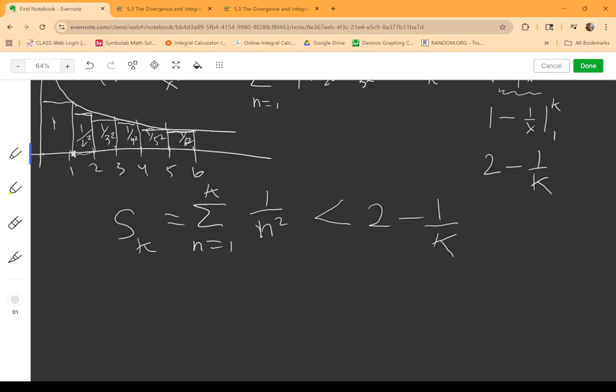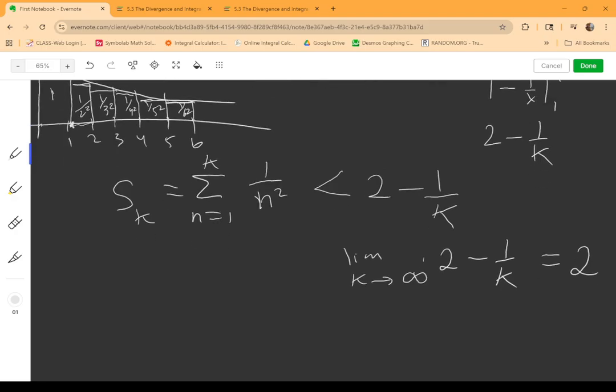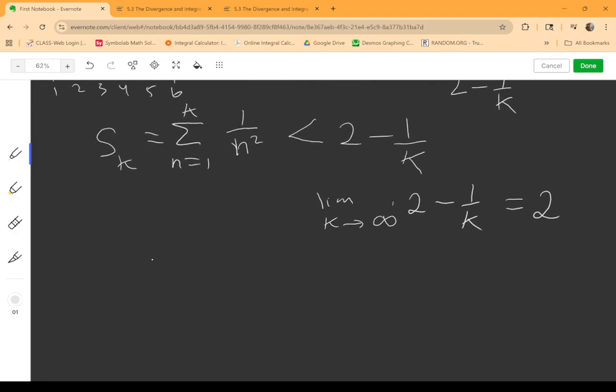Now if I let k go to infinity, that 1 over k is going to 0, so this goes to 2. So now what I've established is that s sub k is less than 2.